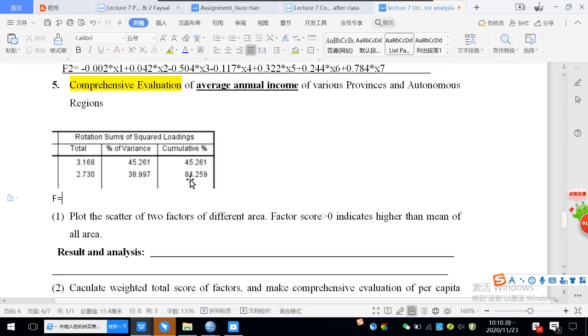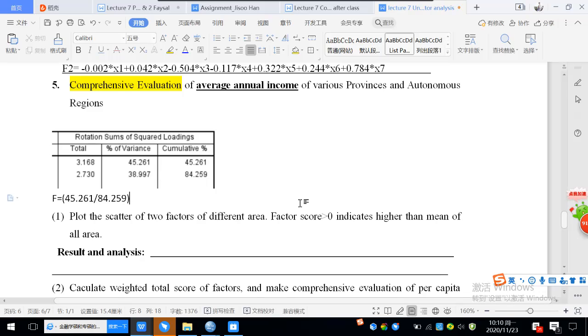Totally 84.259% of the variance, right? So F1 we can use 45.261 divided by 84.259, the cumulative.